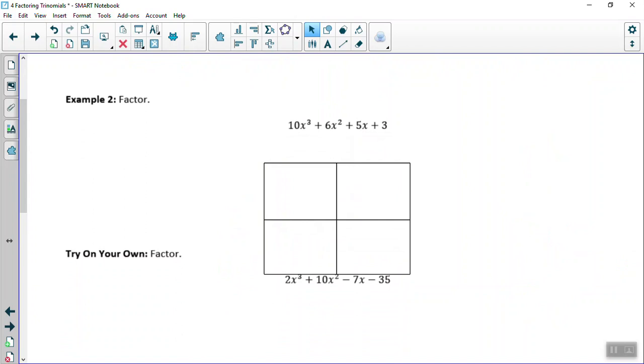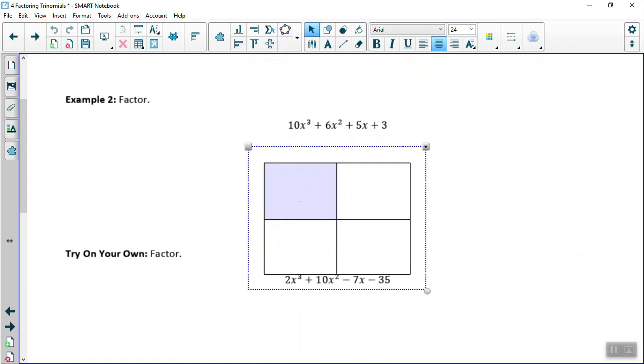All right, so now let's come down here and take a look at example 2. This one already has 4 terms. Because it already has all 4 terms that I need to fill in my box, I don't have to do my a times c and make that table to the side. In my first box, I'm going to put that first term, my 10x, and raise that to the third power.